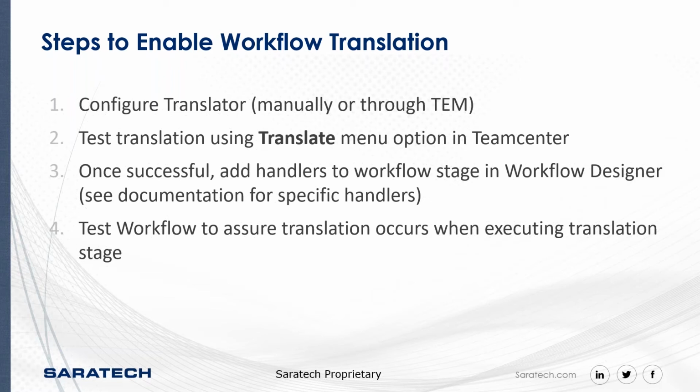Then we go ahead and test our translation options within the Rich Client menu. And upon that successful translation or setup of the manual translation, we then go ahead and utilize handlers within our workflow task, set up through, again, our workflow designer in order to automate those translations.